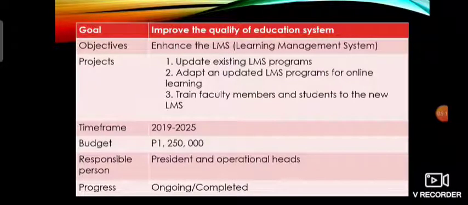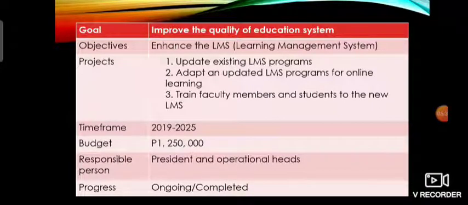Okay, so what are the projects? We have three: update existing LMS, adapt and update LMS programs for online learning, and train faculty members and students to the new LMS. Okay, so let's say our time frame is from 2019 to 2025.